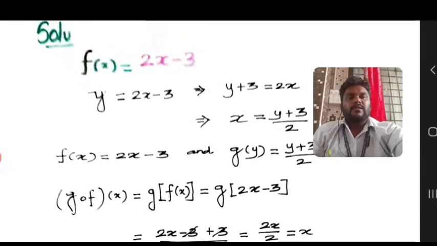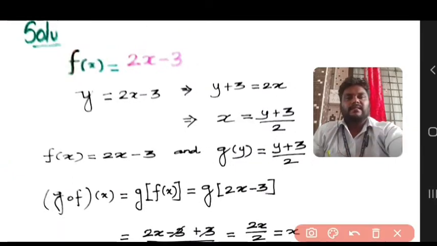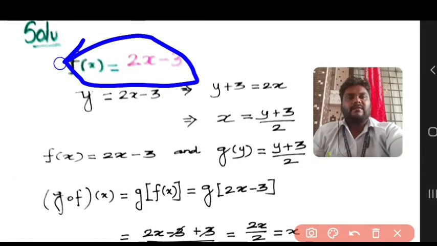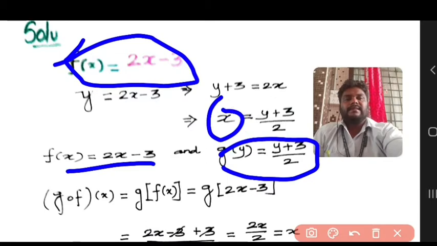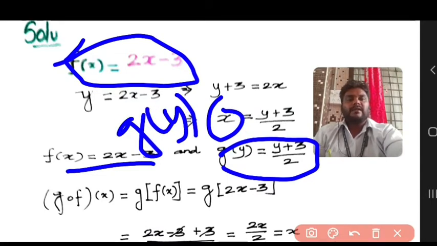Okay, so we know the two values: the given f of x is 2x minus 3, and the x value we take as g of y. So we have two functions, f and g.